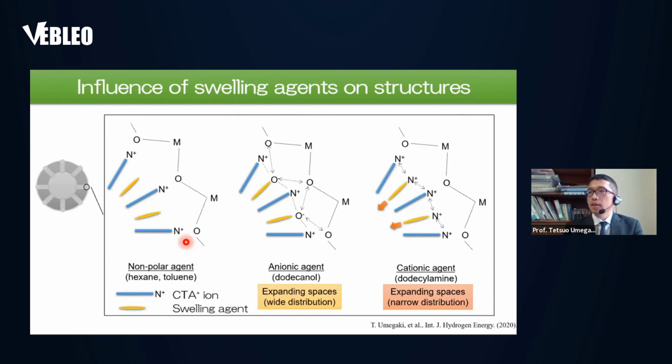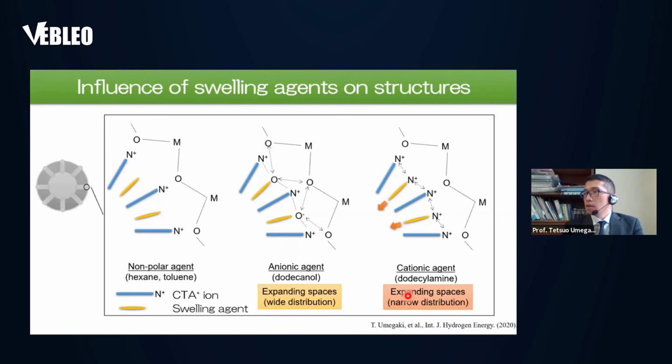On the other hand, anionic dodecanol strongly interacted with the cation while repelled by the oxygen atom. Thus, part of the molecules exists on the outer surface of the micelles, and interparticle spaces with a wide size range were obtained.